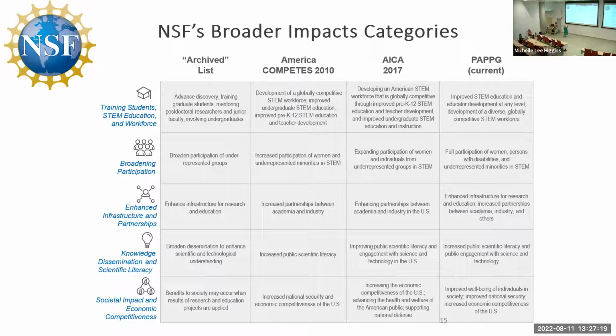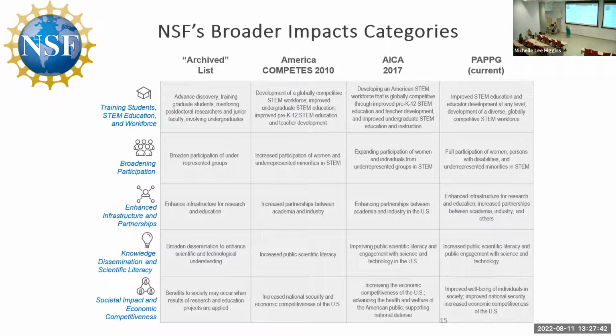So in 2010, as we were trying to come out of the recession, Congress passed the America Competes Act. And it made these a little stronger. It started to talk about national security, economic competitiveness, increased public scientific literacy. It tightened it a little.